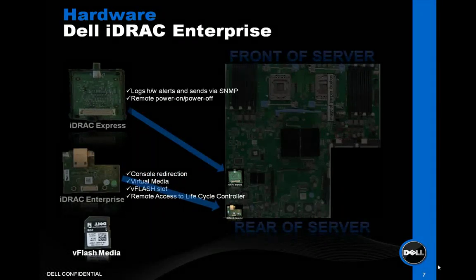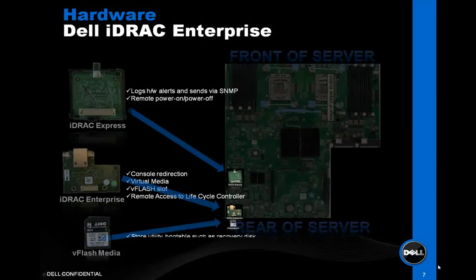The iDRAC Enterprise is an add-on card, and this card adds the additional functionality of console redirection as well as virtual media. The vFlash slot is simply an SD slot in the iDRAC Enterprise card, where we can put in an SD card to store a bootable utility so that media is actually local to the DRAC.